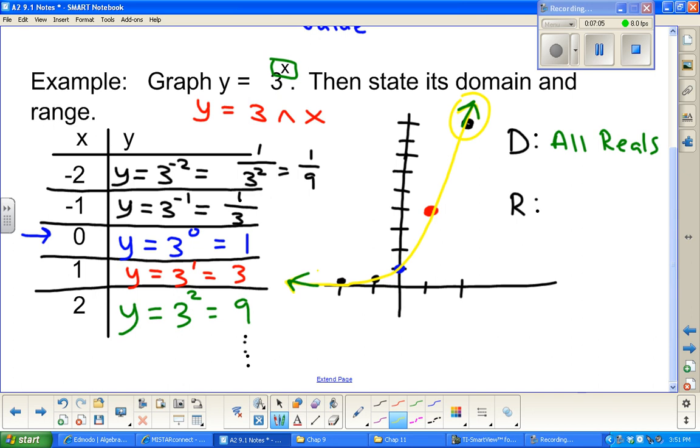But on the left side, we said they were getting close to 0. They'll never actually reach 0, and they're getting smaller and smaller. So the range can be any number as long as it's greater than 0. We can't put the equal sign because it will never equal 0, but y could be any number greater than 0. So that's a basic graph.